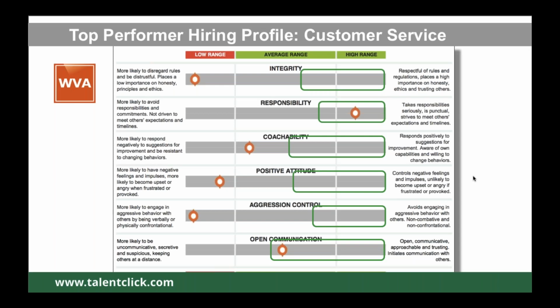And you can see all the individual markers. That's the orange and white starburst markers. And then the green boxes are the benchmarks for this particular organization according to their needs for a customer service role. Okay, so you can see how everything that I've just talked about with benchmarking can be applied to different tools, including the work values and attitude assessment.